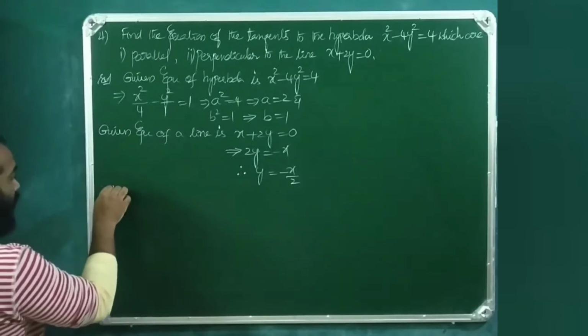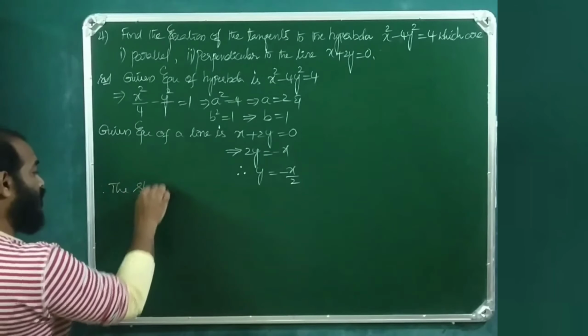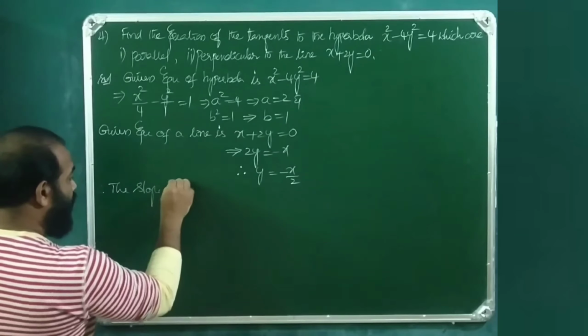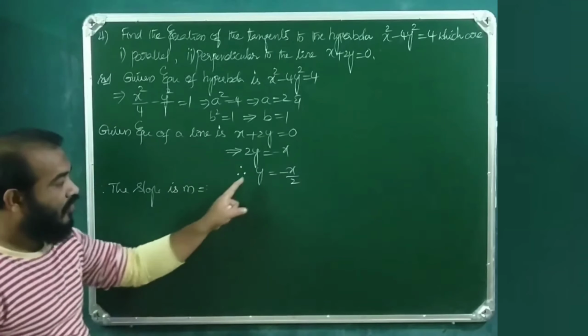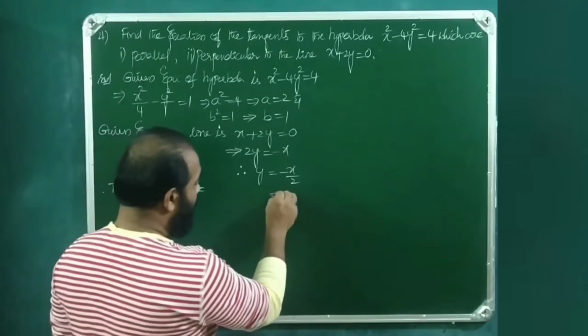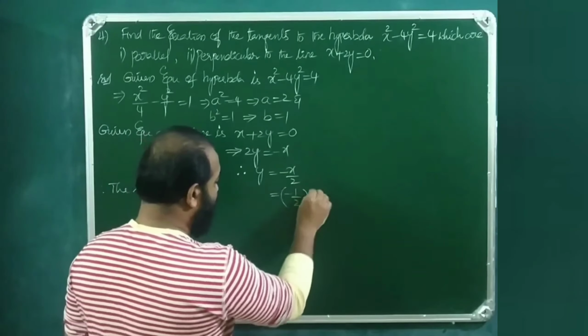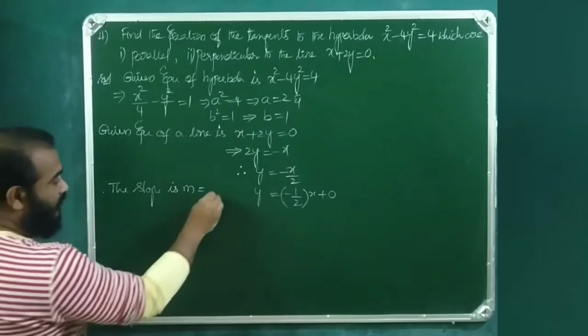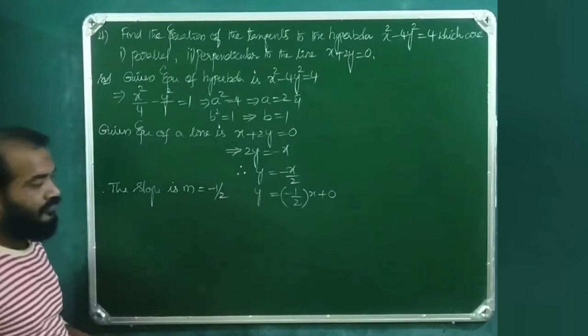Therefore, the slope is m equals, this is the form y equals mx plus c, so this can be written as minus 1 by 2 x plus 0. So therefore m is equal to minus 1 by 2.